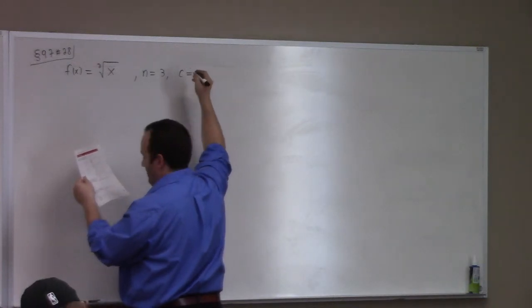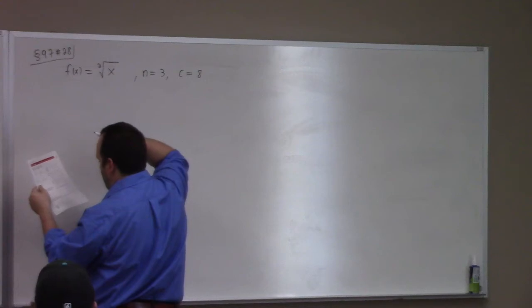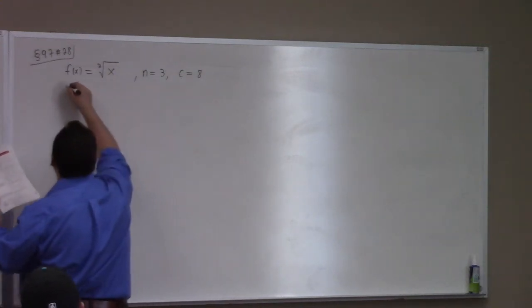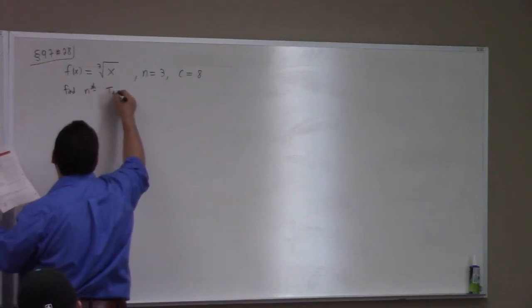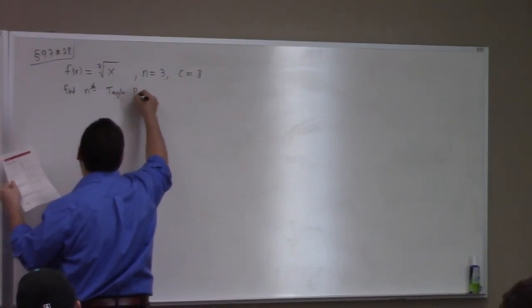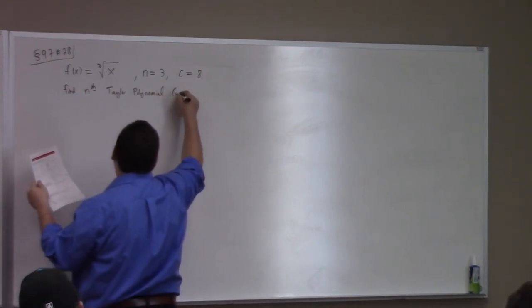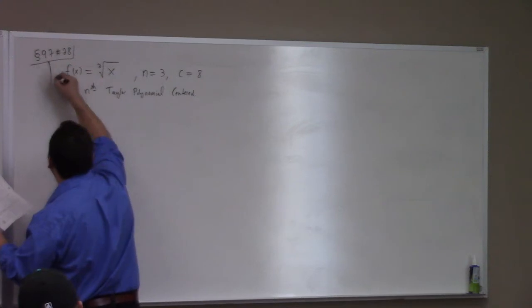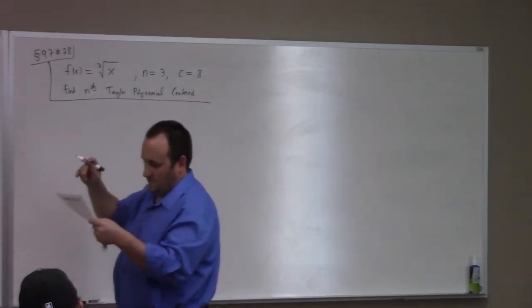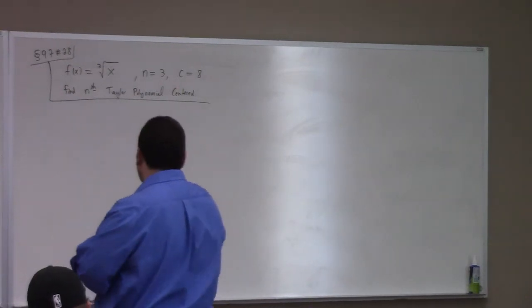What does that mean? Well, the instructions say find the nth Taylor polynomial centered at c. So this basically just is straight application of the definition of Taylor polynomial.